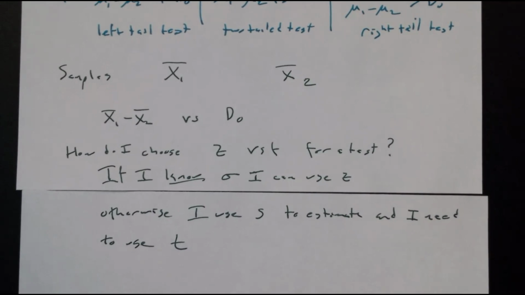So, if I know this, I'm going to be given an alpha, right? My alpha is going to be my decision rule.